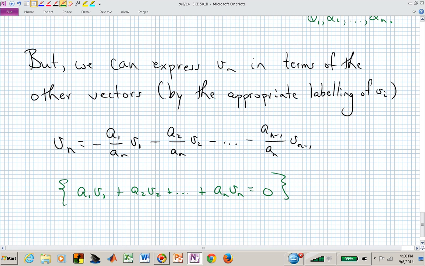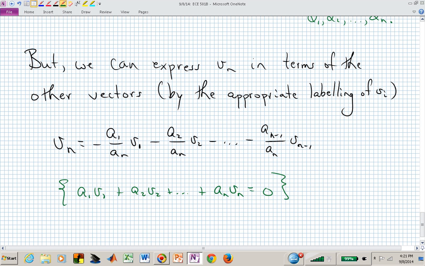If v1 through vn was linearly independent, the only way that that equation could be valid is if those scalars were all identically zero. And we've labeled this, since v sub n is the dependent one, we know that a sub n is non-zero, so we can divide by that.